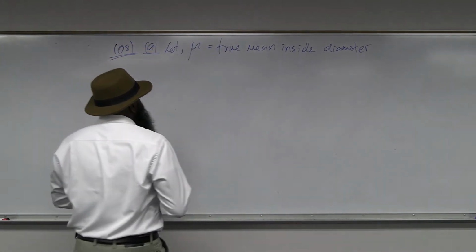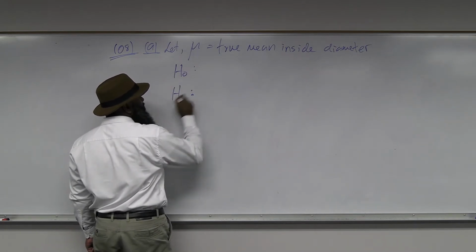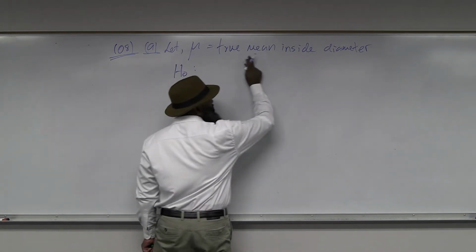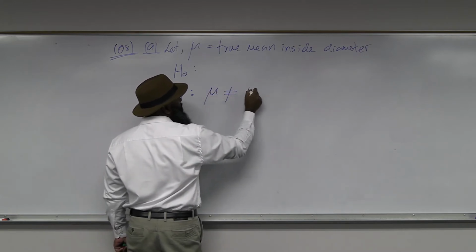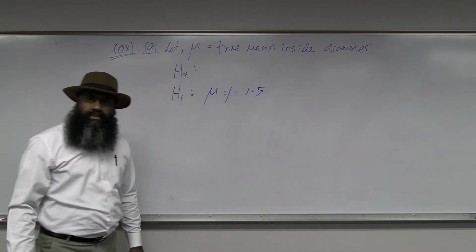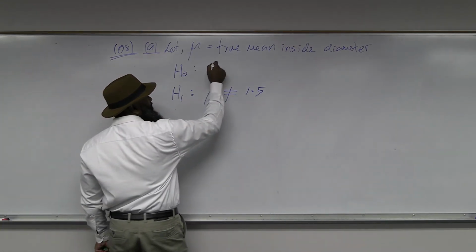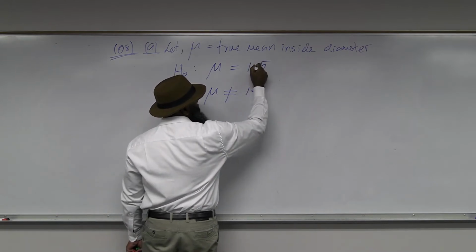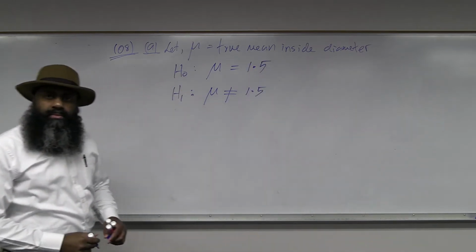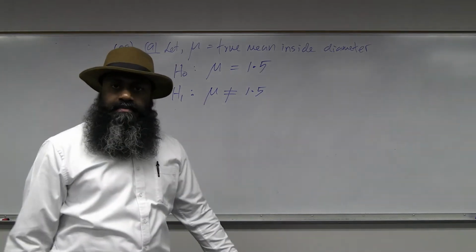So the null hypothesis and alternative hypothesis are clear. The alternative hypothesis, I need to see if the true mean diameter is different from 1.5. The null hypothesis, once you have this number, can be very easily written. It's always mu is equal to 1.5. That's all I need for part A.